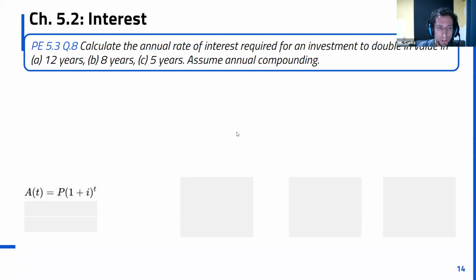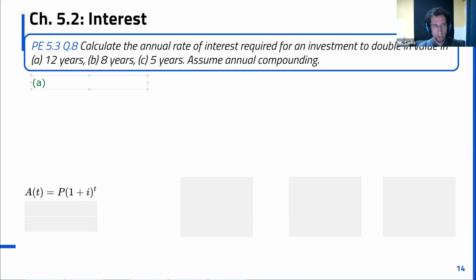Okay, there we go. What have we been given in this question? T. Okay, so for A, T is equal to 12. What else have we been given?